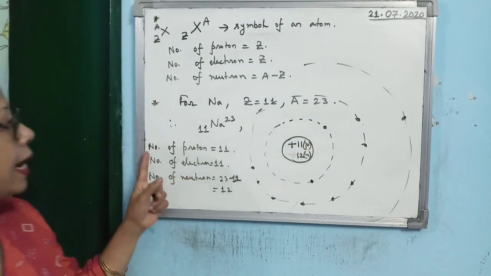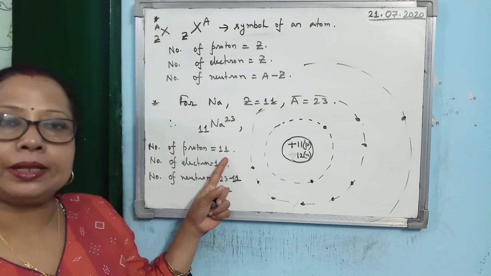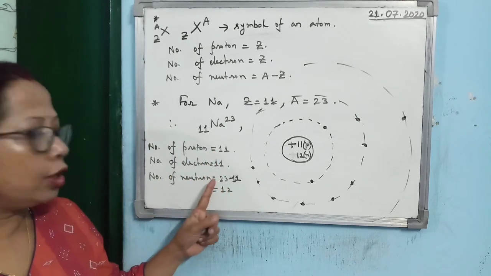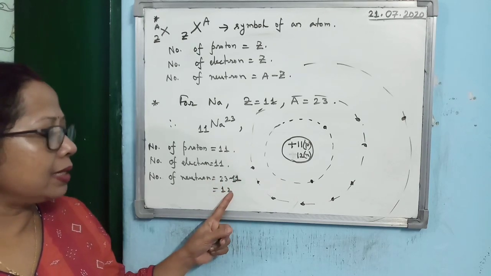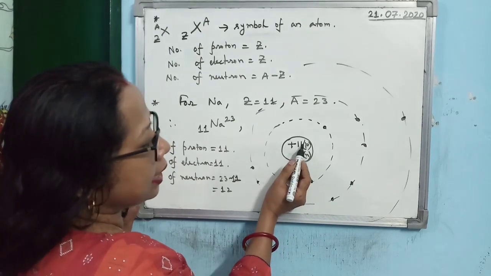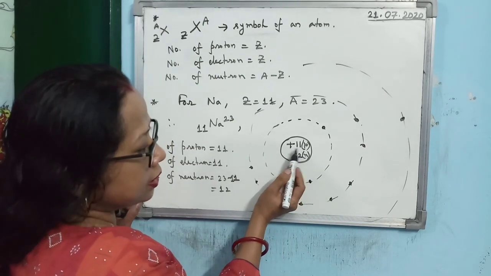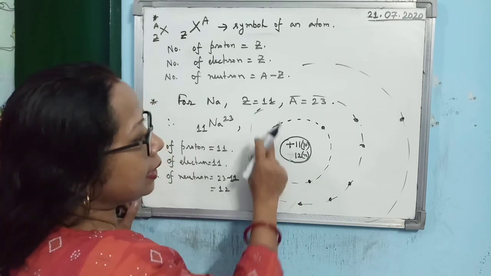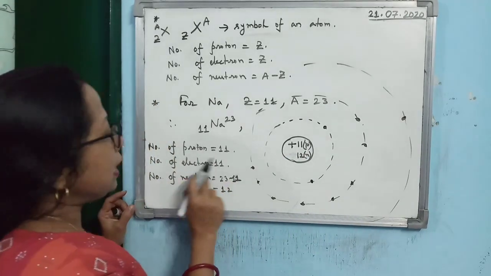So inside sodium, how many protons will be there? 11. How many electrons? 11. And how many neutrons? 23 minus 11 means 12. If you consider the nucleus, inside the nucleus there are 11 protons, which are positively charged, so a plus sign is given, and 12 neutrons are there. Then outside there will be 11 electrons.